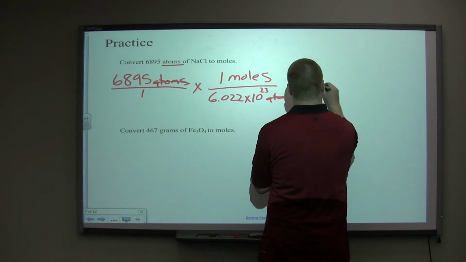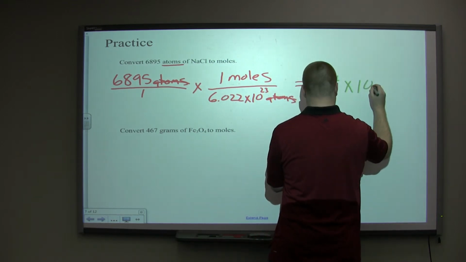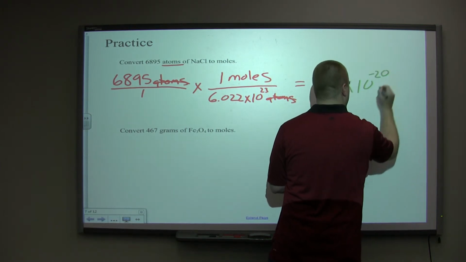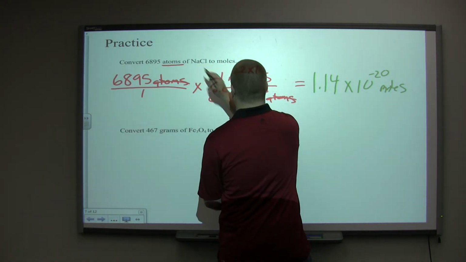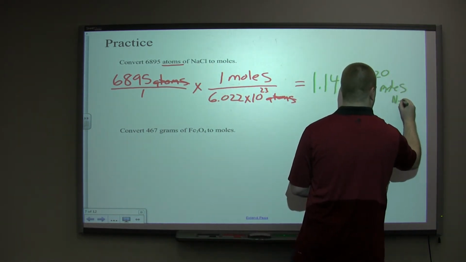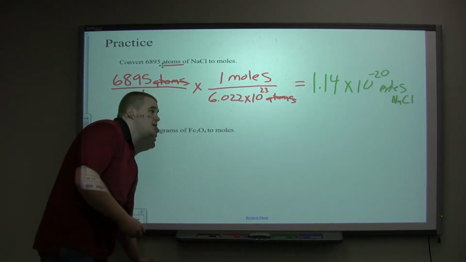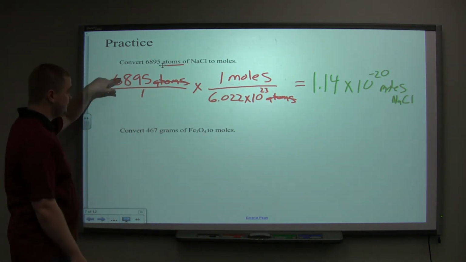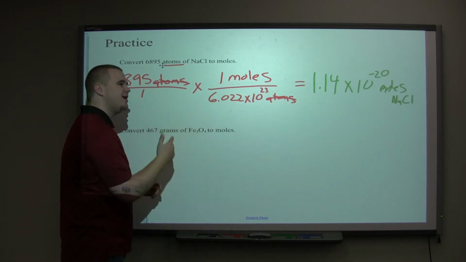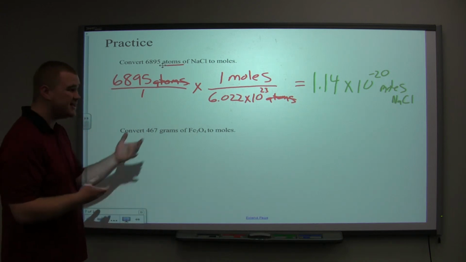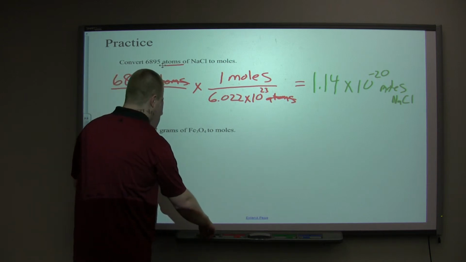We get 1.14 times 10 to the negative 20 moles of NaCl. Now think about that. That's a lot of atoms right there. That's a lot of atoms. But look how tiny of a mole that is. That's not very much.